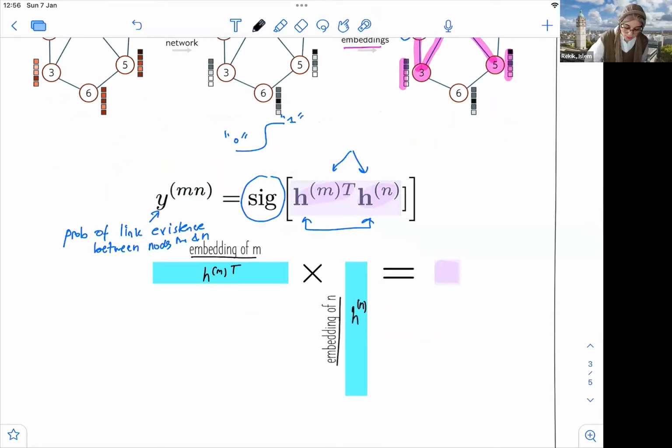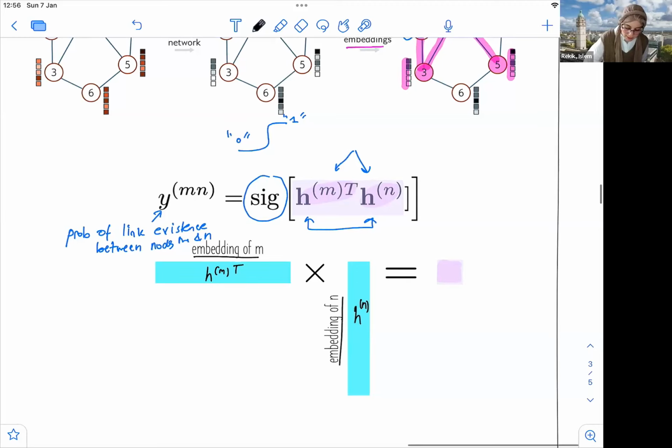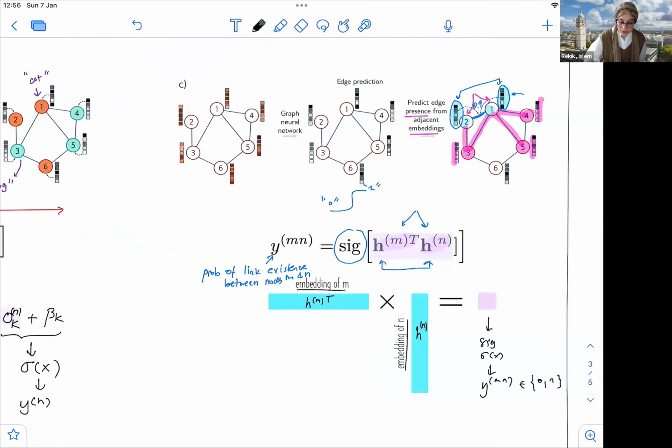And this is the operation that we do. So a simple multiplication, which is here a dot product of H_M and H_N. And we're going to get the scalar here that will pass through a sigmoid function, sigma of x, which will get us the value Y_MN, in the range 0 to 1, okay? So that's pretty much it.